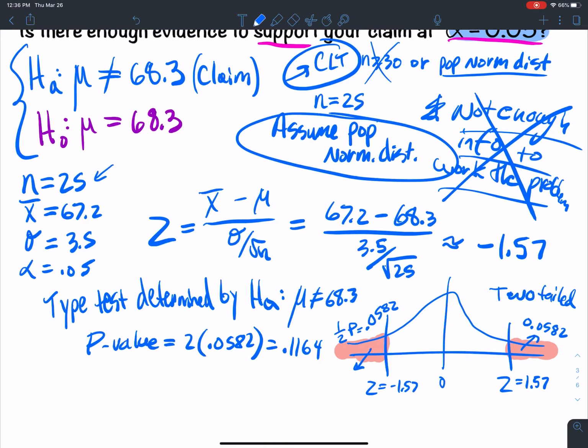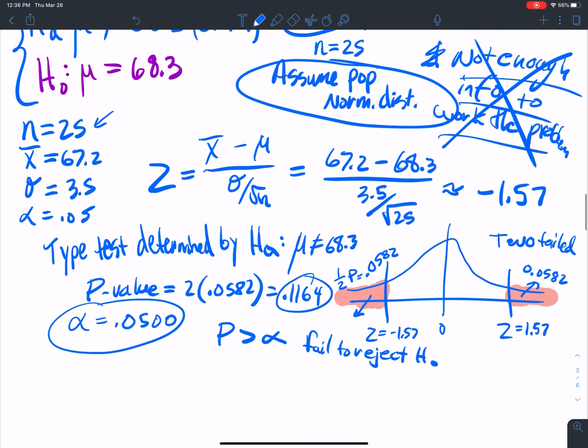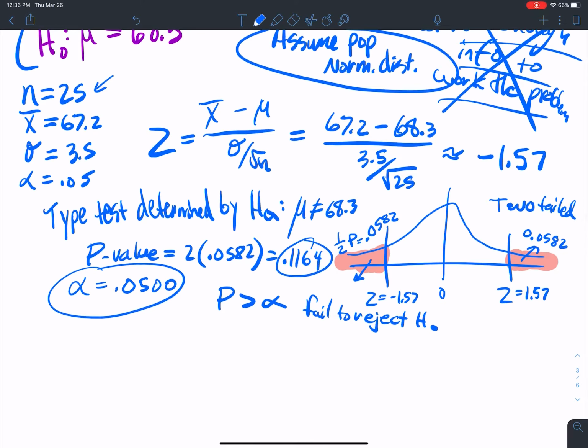Okay, so what's going to happen here? Well, alpha was set to be 0.0500, right? So do I have a big P or a little p? Compared here, P is greater than alpha. If I got a big P, I fail to reject the H0.